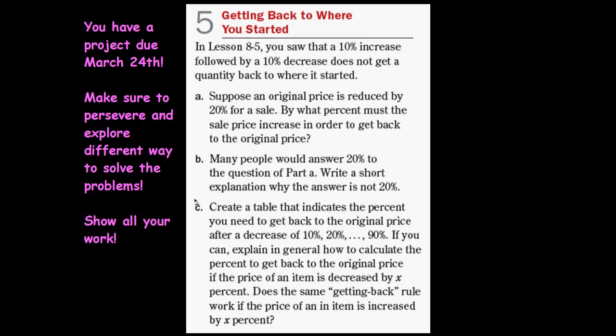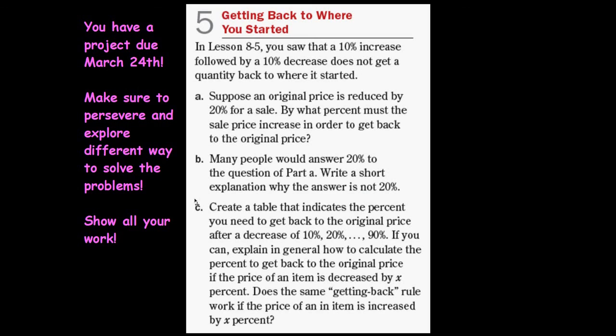All right, now C is probably the most in-depth part of this, because you're going to create a table that indicates the percent you need to get back to the original price after a decrease, and you're going to do a decrease of 10%. Hey, we might already have the amount you need to get back to your original price: 20%, which you should have figured out in A, then 30%, 40%, 50, 60, 70, 80, and 90%.